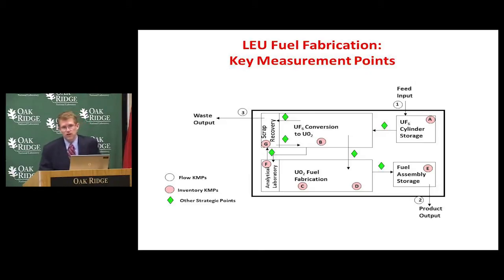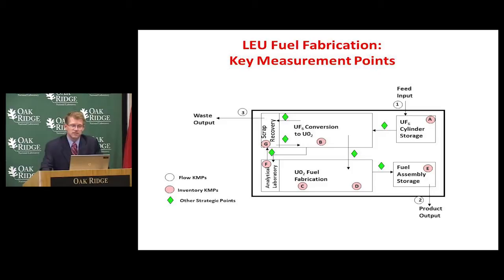The agency, on the other hand, will roll this up into something that minimizes the amount of activities by the IAEA, that minimizes the amount of intrusiveness within the plant operations, but also allows them to independently verify the entire declaration.